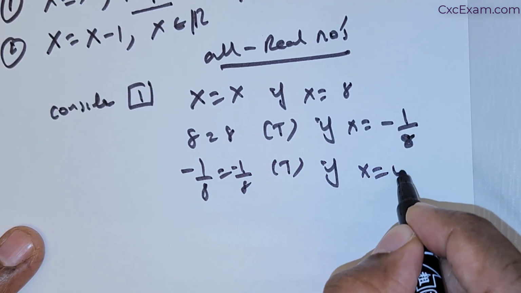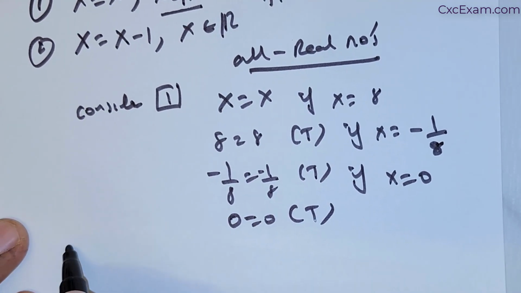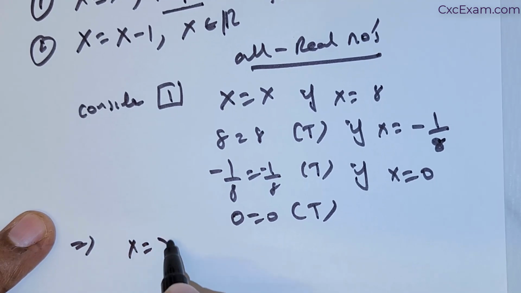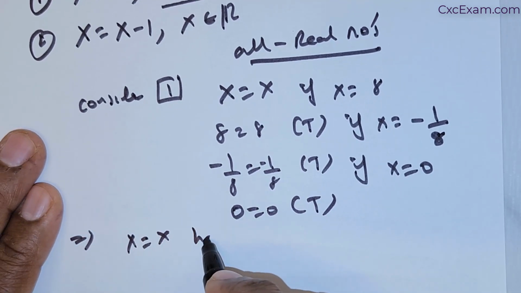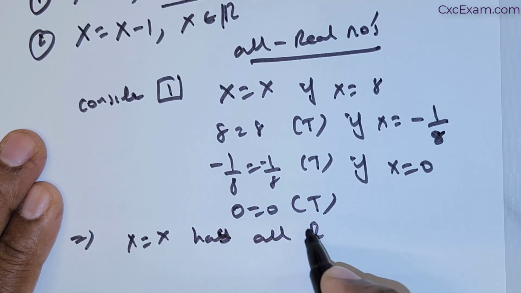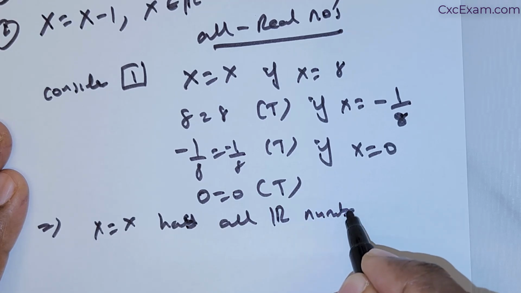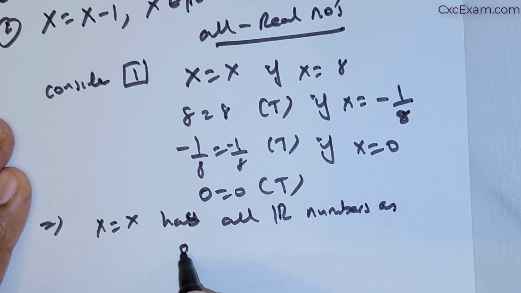Now if I take x = 0, then 0 = 0, which is true again. So this means x = x has all real numbers as solution.